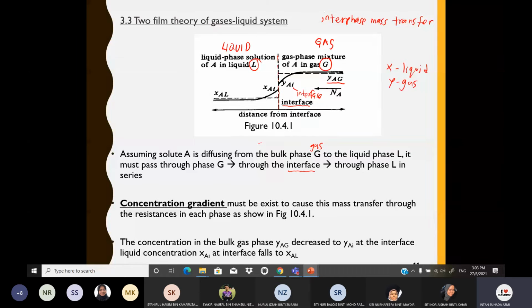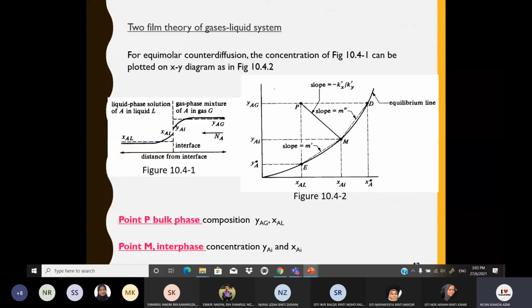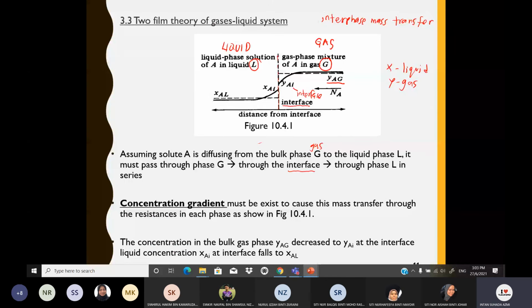When it enters the liquid phase, it forms the interface in liquid, XAI, where X is liquid at the interface. Then it diffuses into the liquid phase. So it goes from YAG to YAI, then XAI, then the last one is XAL. Basically it diffuses from gas to liquid.